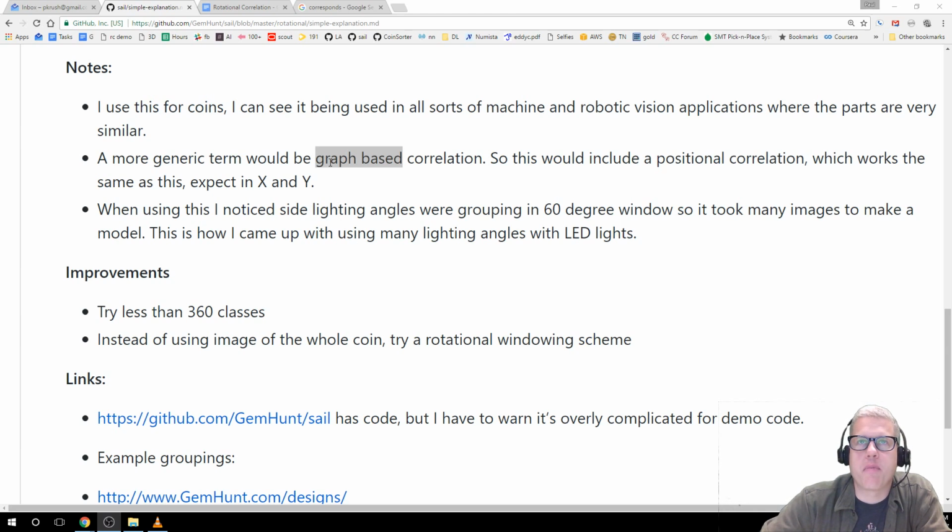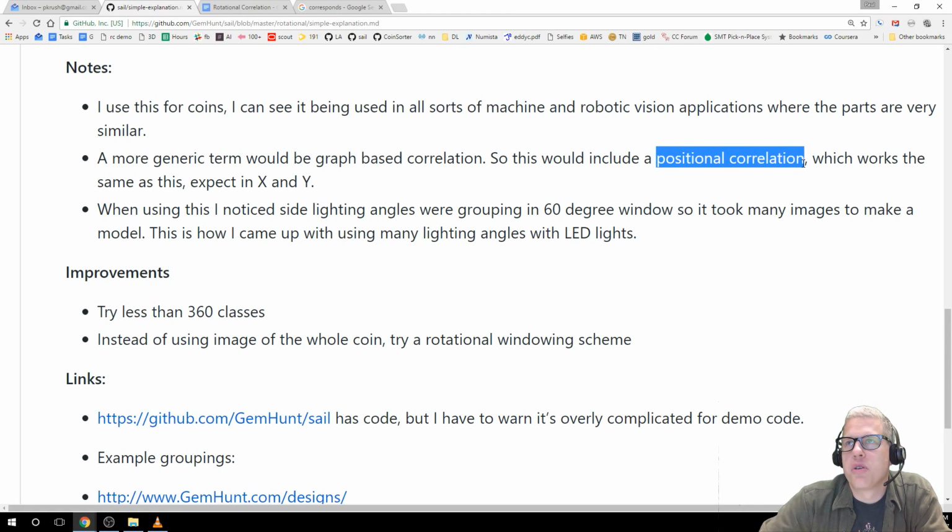Graphing is a mathematical term, and one other thing I wanted to point out is positional correlation. I'm talking about a subpixel localization of areas. For example, a specific feature on a coin, a date, a building, or whatever.